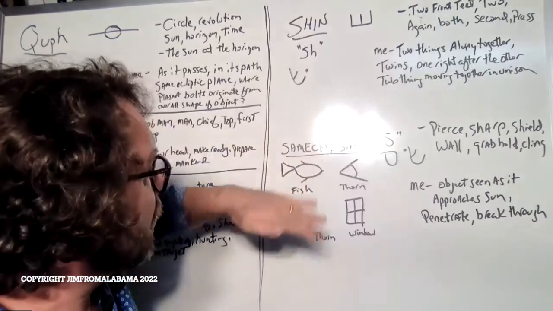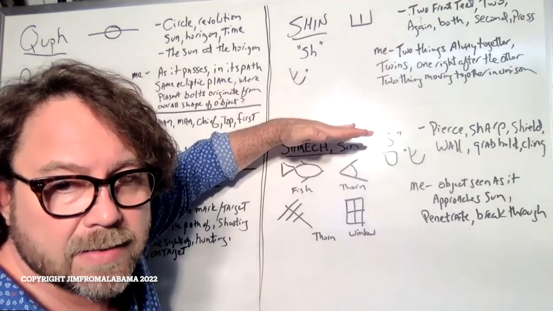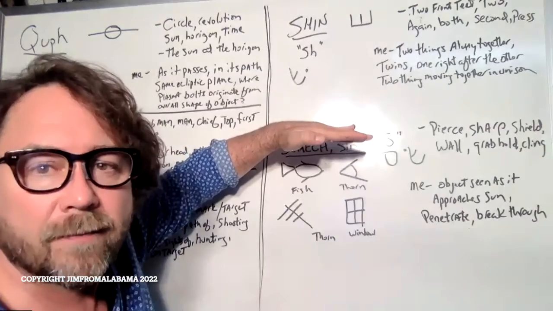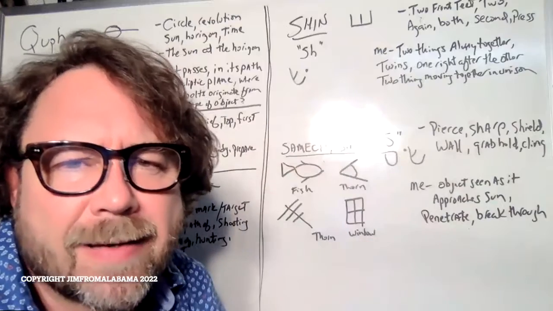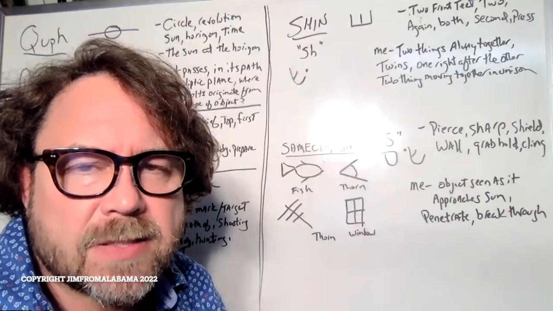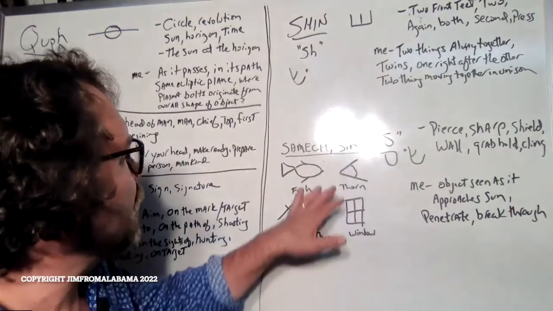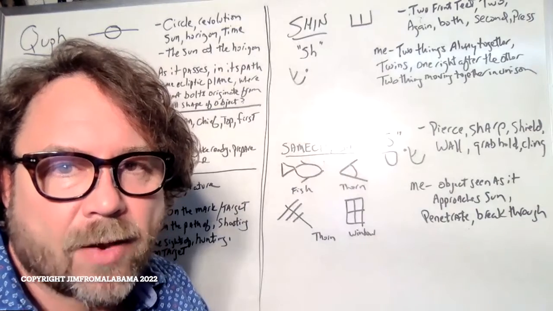Okay, this one right here is Samech, and sin. And it's not like you go sin, or whatever. It doesn't really mean that. It's just the name of the letter, really. But these two right here have the s sound.